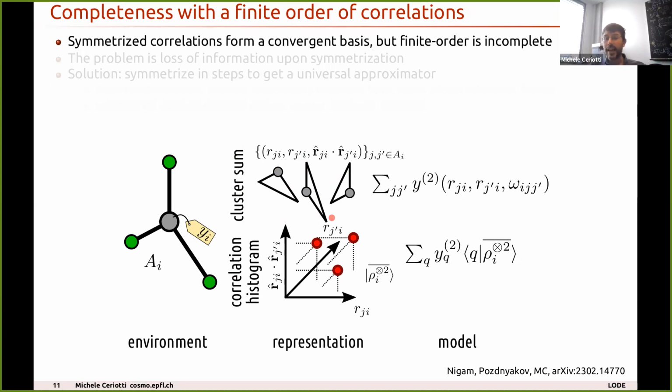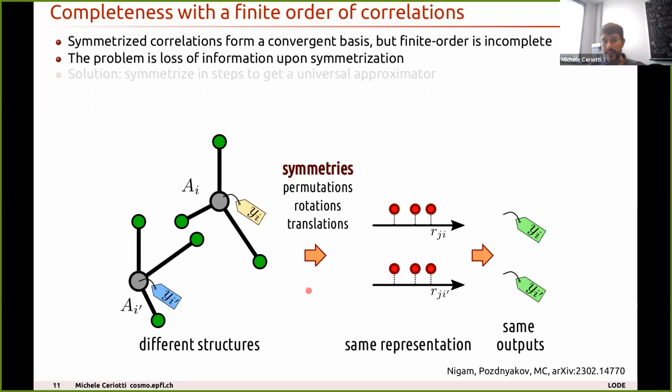Now, we haven't been able to solve the problem of getting higher body order correlations that guarantee injectivity in this mapping. So instead, what we did is basically try to make sure that the information is not lost upon symmetrization.